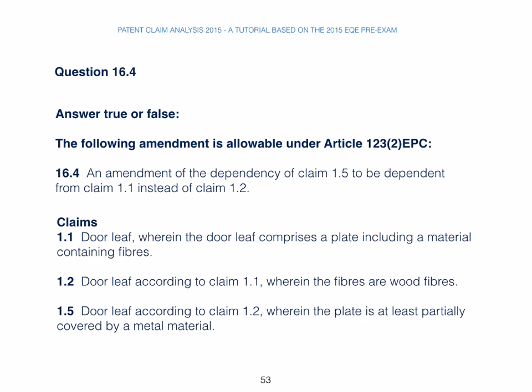In other words, a combination of metal material with wood fibers is already provided for, but is there a basis for a combination of a material containing fibers covered by a metal material? That is a combination of Claim 1 and Claim 5. Have you made up your mind? True, allowable, false, unallowable. Next, we look at the examiner's report for question 16.